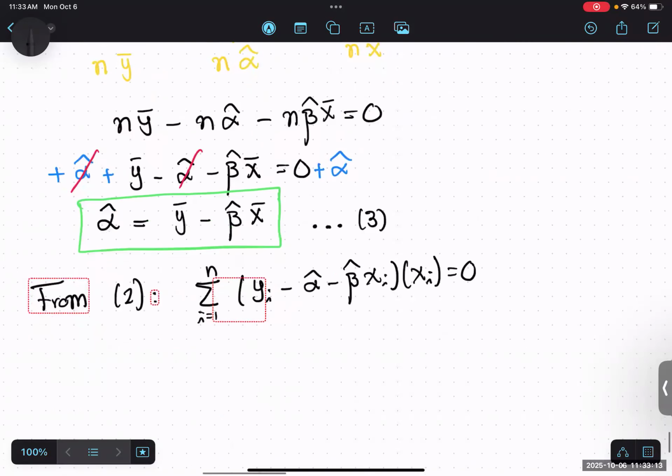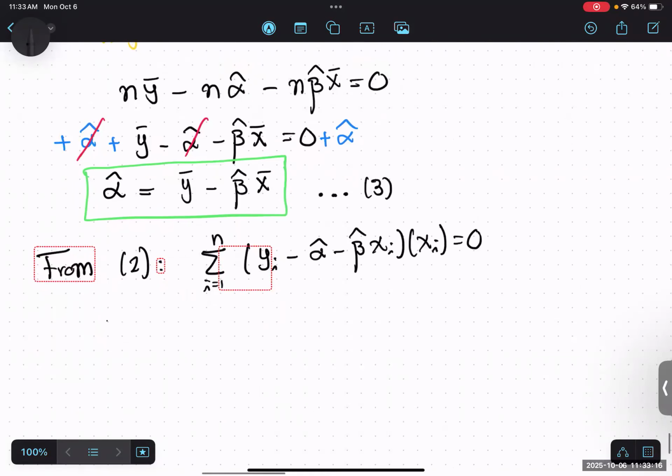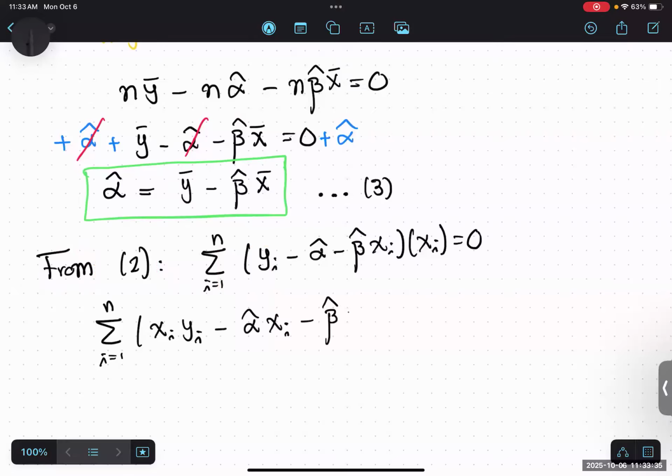And from here, I will distribute the product. Which means that now I will have xi yi minus alpha hat xi minus beta hat xi squared equals 0. So the only thing that I did is to distribute the product. No?